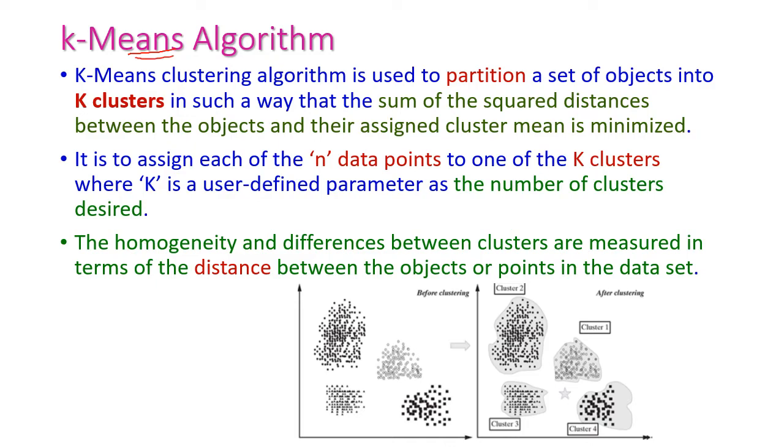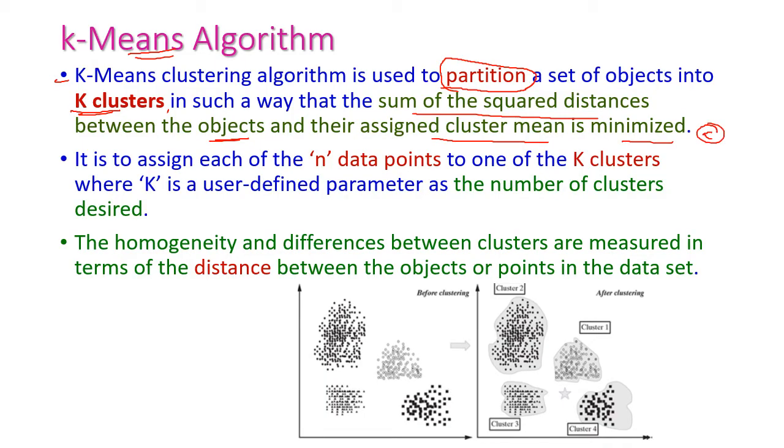First, let us see the k-means algorithm. The k-means clustering algorithm is used to partition a set of objects into k clusters, in such a way that the sum of squared distance between the objects and their assigned cluster mean is minimized.